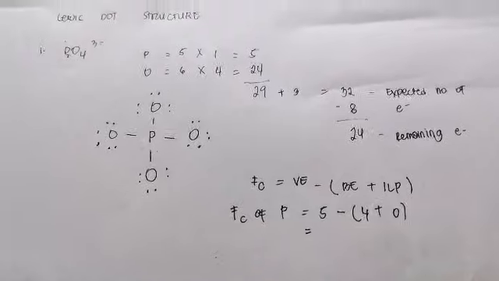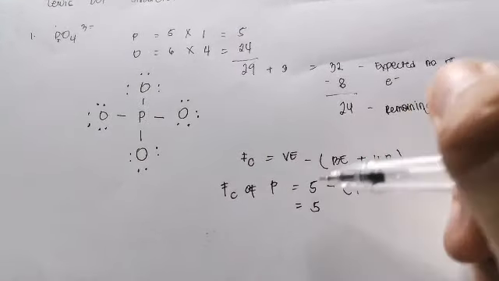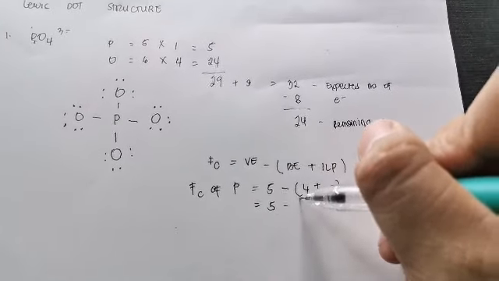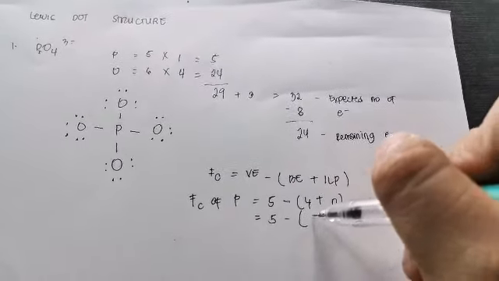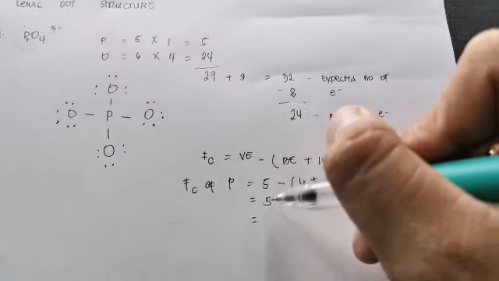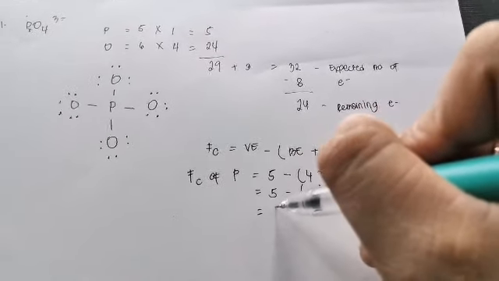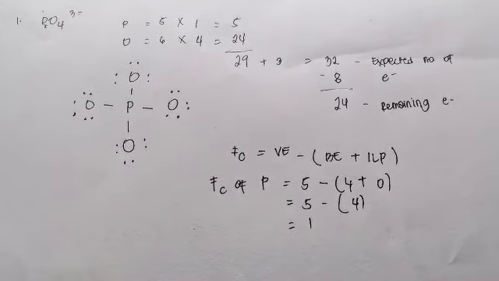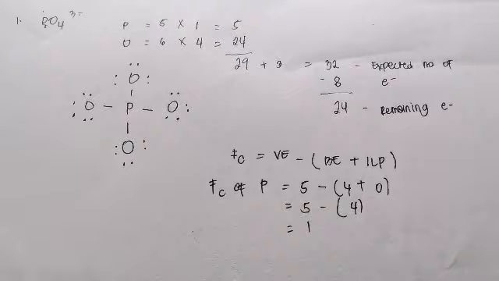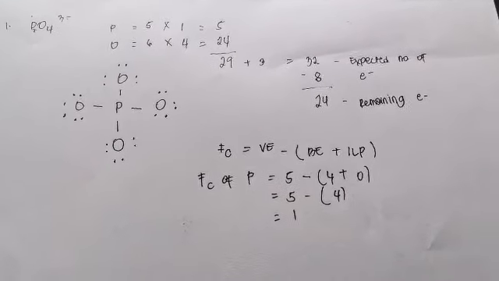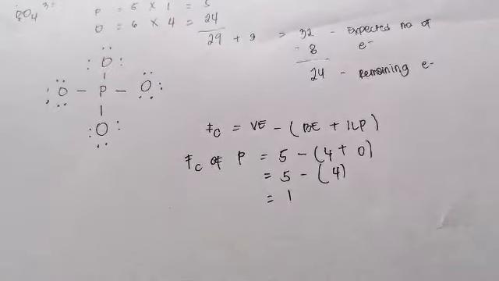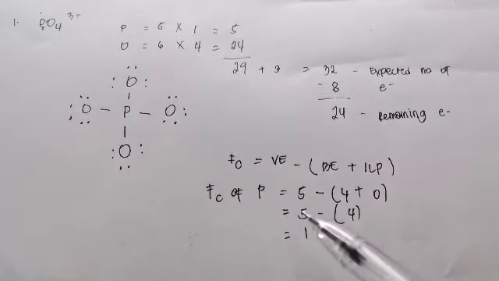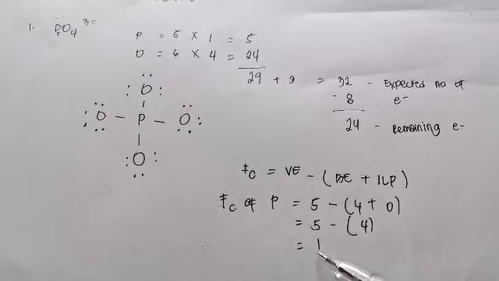Next is do the operation. 5. Okay, minus 4 plus 0, you have 4. And then 5 minus 4, you have 1. Always take note that the central atom must have 0 charge. Okay, 0 charge po siya. So, kailangan po itong si 1 magiging 0. So, anong mangyayari dahil may 1 dito?